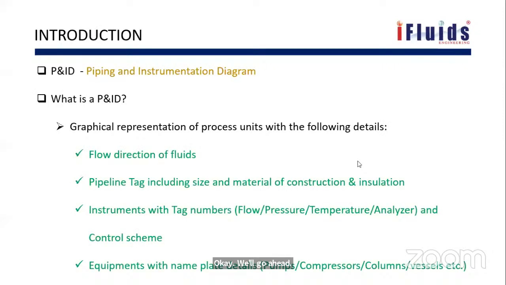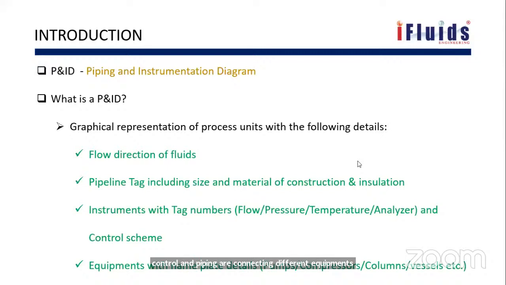So, what is a P&ID? It is a piping and instrumentation diagram. We all know that the entire process plant, any unit, is made up of piping and instrumentation. Instrumentation is for control, and piping connects the different equipment of the process.